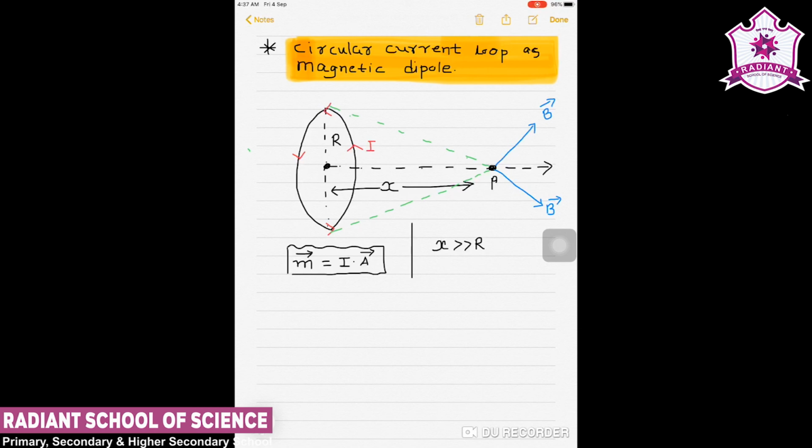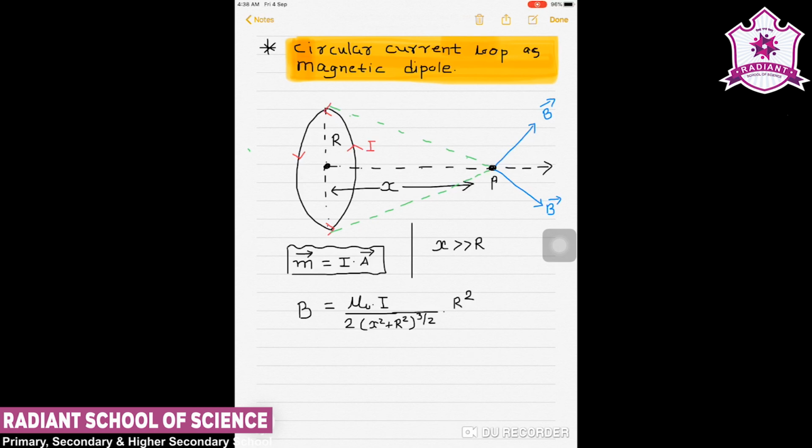If these are the pre-assumptions, the magnetic field at point P is given by the equation mu 0 I upon 2 times (x square plus r square) raised to 3 by 2, into r square.